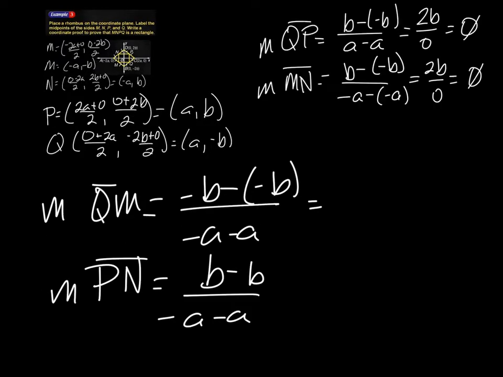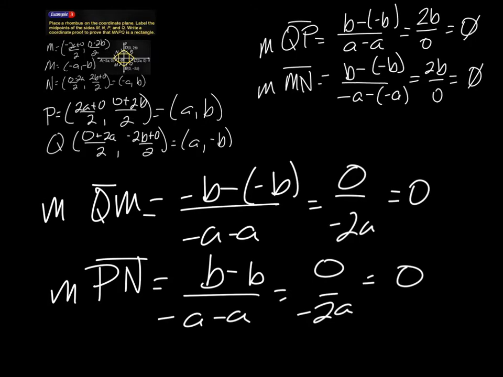Our other two sides appear to be horizontal, and sure enough, when we do the calculations, negative b minus negative b is 0. 0 divided by anything is 0. So perpendicular to an undefined line is 0. And this comes out the same.